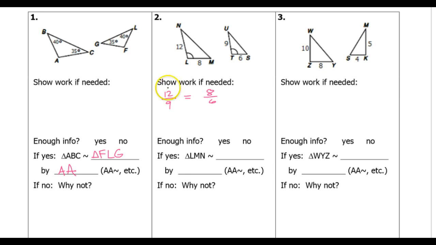Now, both of these are divisible by 3, so that's going to be 4 over 3. Both of these are divisible by 2, and that's going to be 4 over 3. So that means the corresponding sides are proportional, so these will be similar by the side angle side similarity postulate.